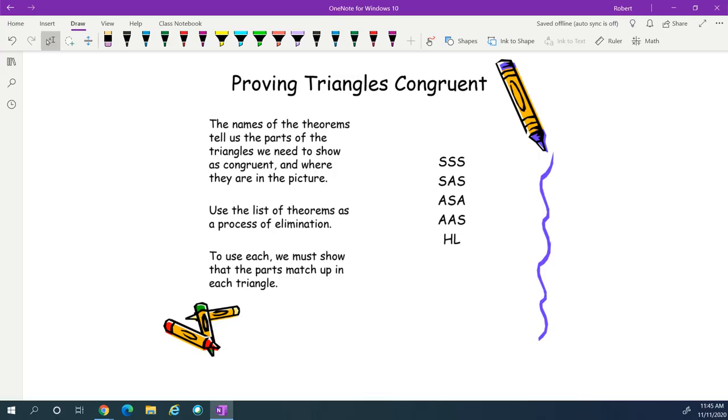It has to be the corresponding side. And HL, hypotenuse leg. It is a 5th option if we're working with right triangles. If we're not working with right triangles, we immediately cross it off the list, and we're down to 4. So we're going to use that as a process of elimination as we determine whether triangles are congruent. And we're going to do that in the second part of the video.